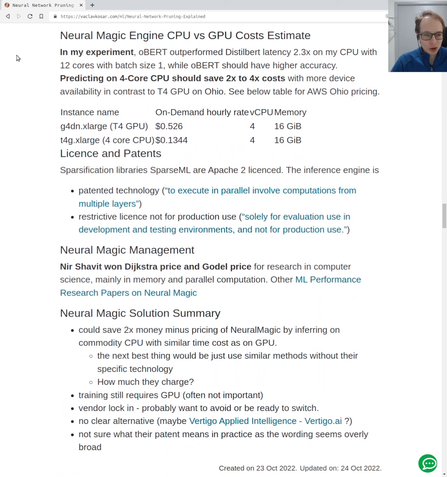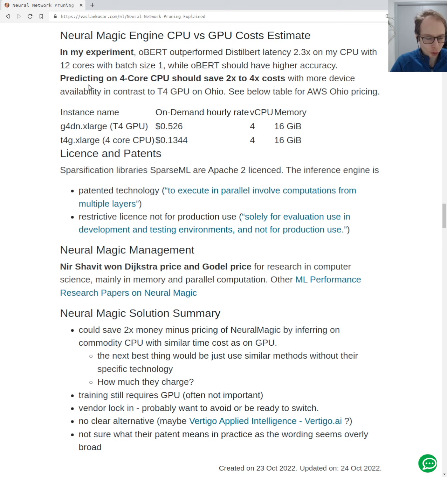The cost estimate. I did a little bit of an experiment to compare this DistilBERT and OptimalBERT, and I can see that the DistilBERT latency is bigger on my CPU, while the OptimalBERT should also have higher accuracy.